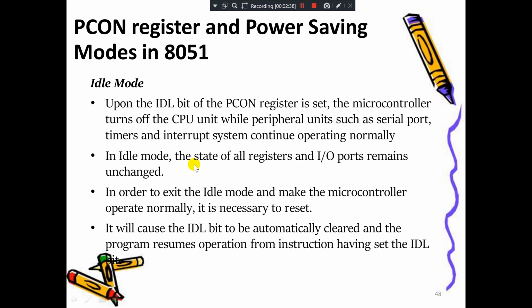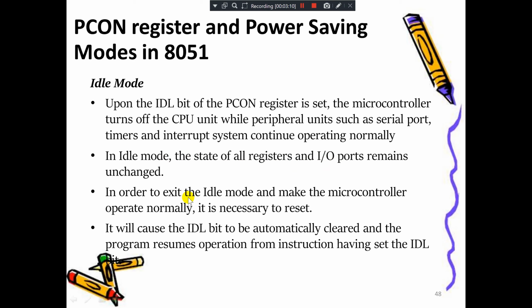In idle mode, the states of all registers and input-output ports remain unchanged.